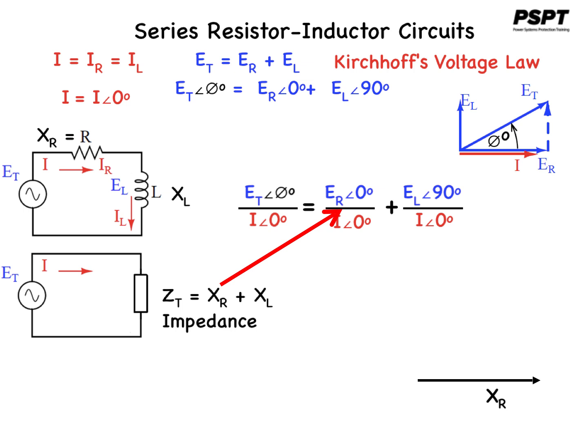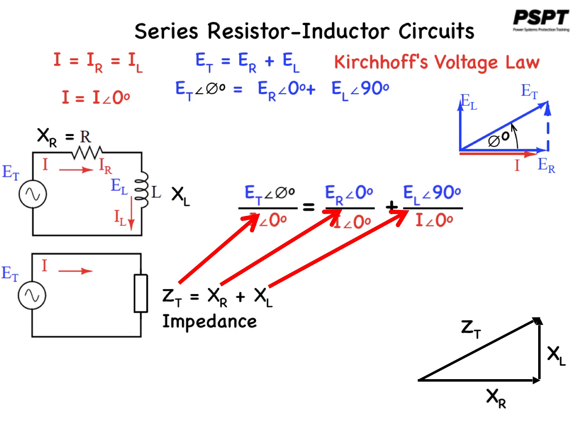And the last component of that equation, EL at 90 degrees all over I at 0 degrees, is the reactance of the inductor. We already saw that a couple of slides back, and if we add those two together, we get ZT, which is the total impedance of the circuit.